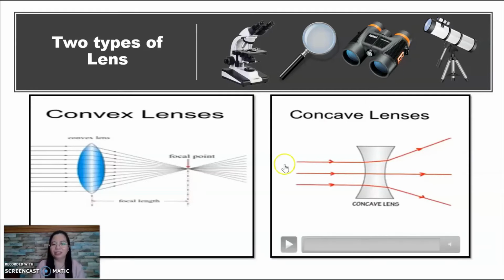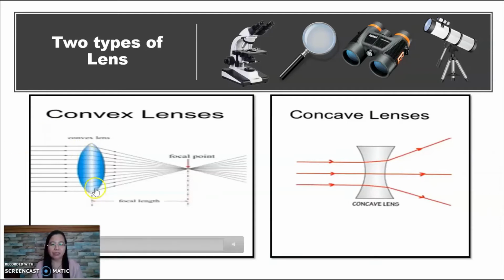Okay, so I think you have an idea in mind now. Looking at the shape for convex lens, you have a shape similar to an oblong. So you have a wider, thicker center or middle part of the lens, and then the edges are thin.